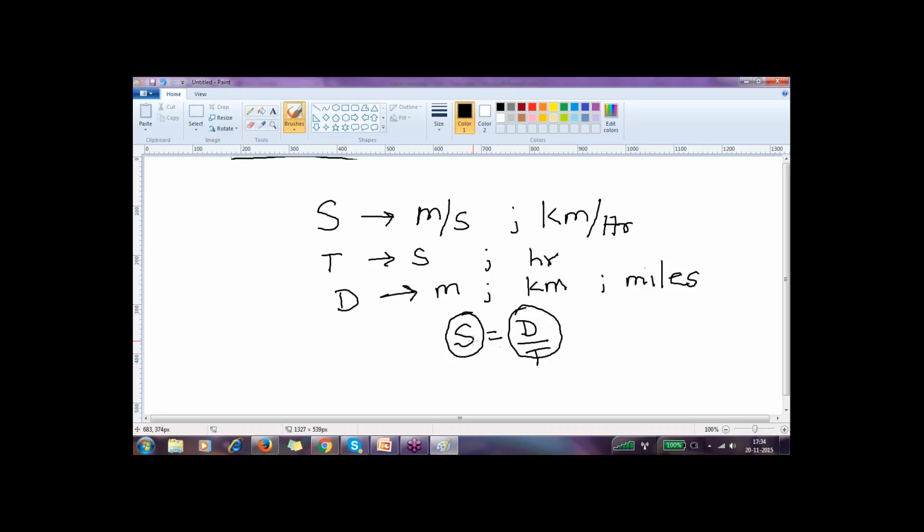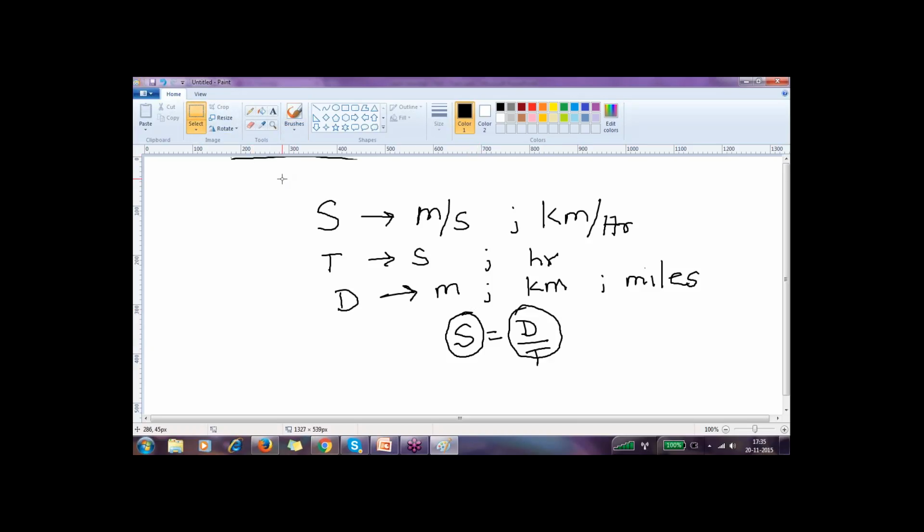If S is in meters per second, distance should be in meters and time should be in seconds, or vice versa. If D is in meters and T is in seconds, speed should be meters per second. Or D is in kilometers and T is in hours, then speed should be kilometers per hour. Okay, clear?